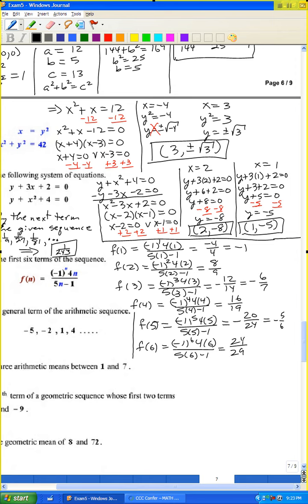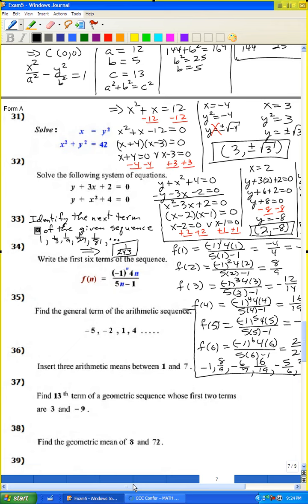Okay, so the first 6 terms of that sequence are going to be -1, 8 over 9, -6 over 7, 16 over 19, -5 over 6, 24 over 29, etc. Okay, so those are the first 6 terms.